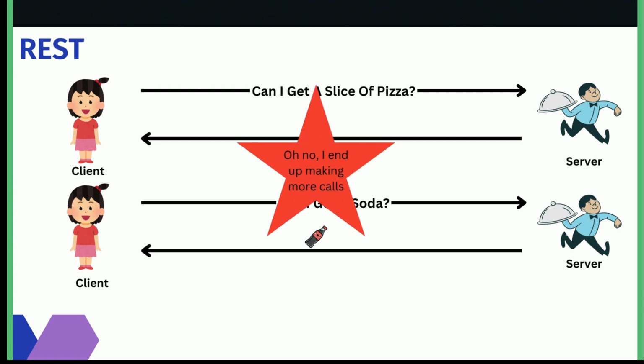Here, some clients are happy, some clients are not happy, because some clients are ending up making more API calls to get the data rather than getting everything in one API response or in one API call. Because making more calls over the network is going to create a lot of performance problems. So that is the reason some clients are unhappy.